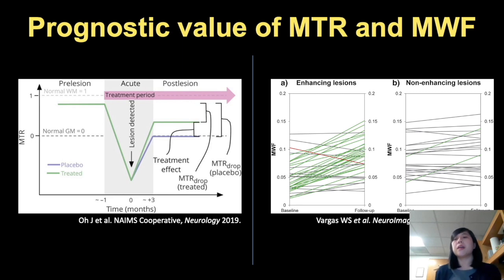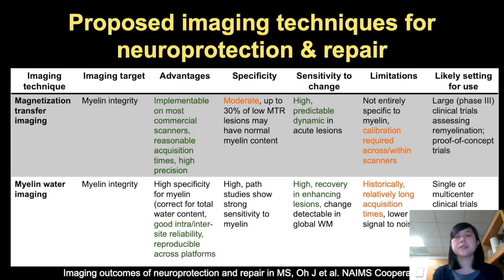And so this brings me to this table here, which summarizes some of the advantages and limitations to using magnetization transfer imaging and myelin water imaging in clinical trials and clinical practice. Notably, MT imaging is very practical to use. It's implementable on most commercial scanners.